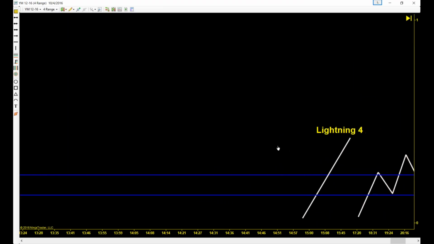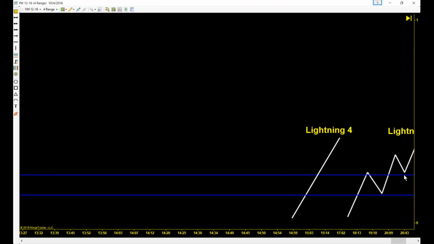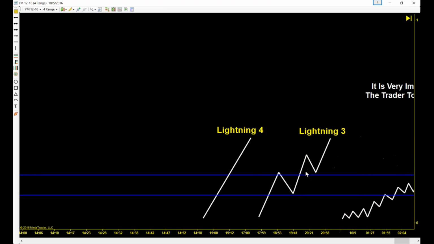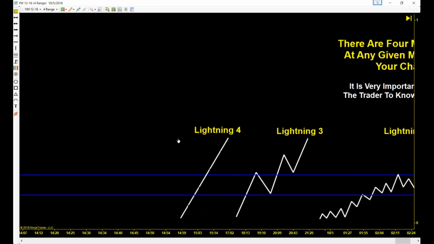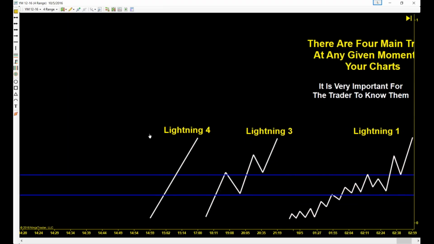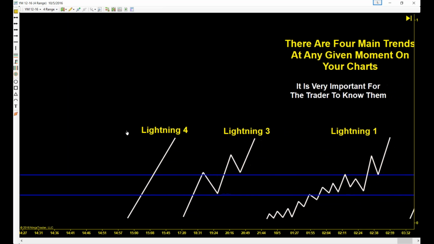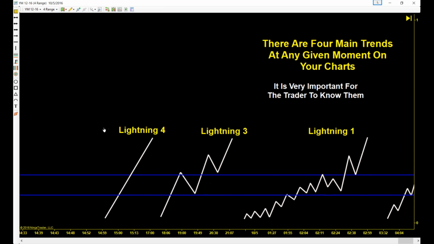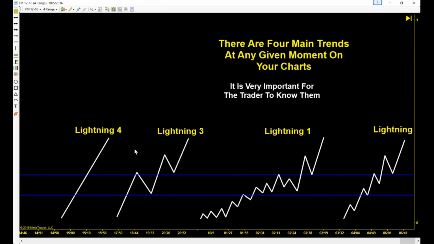Now, if you were trading lightning 3, now this is your lightning swing, right? Takes out the swing over here. That's your lightning swing. And it makes it real easy to stay in trades. Now, I'm not saying to take lightning 3 because you're going to put up with 30 tick pullbacks with lightning 3. Okay? You really don't want to do that because we're trying to make decent money on our micro trends.